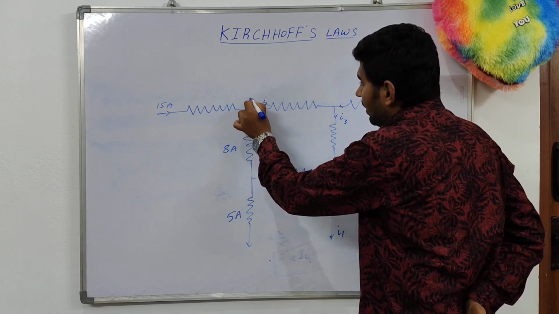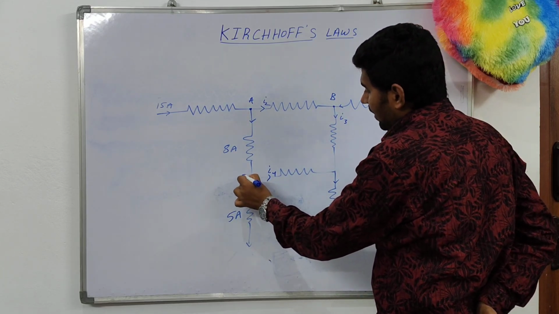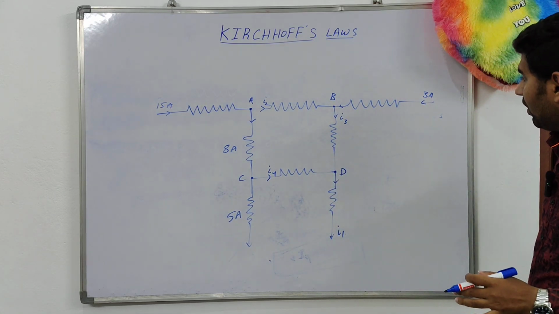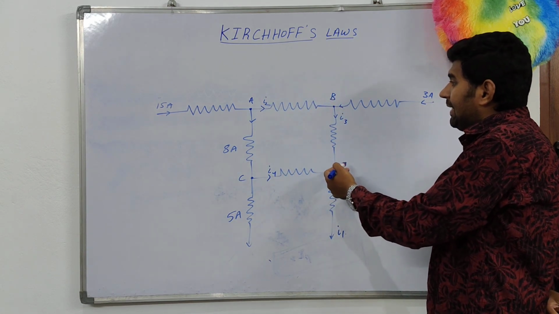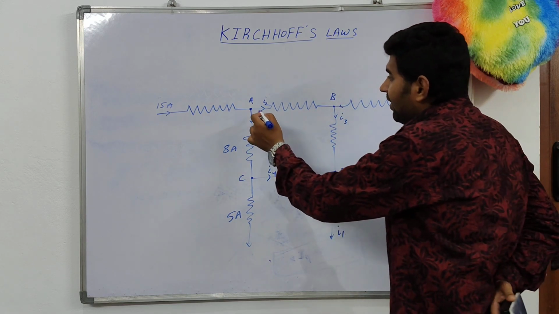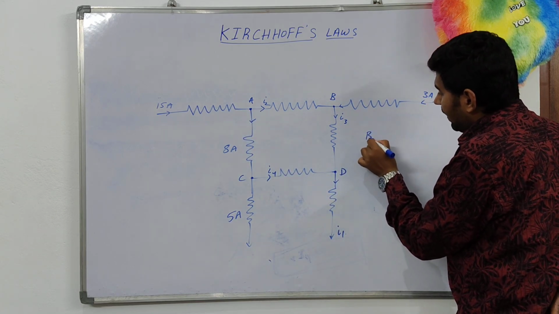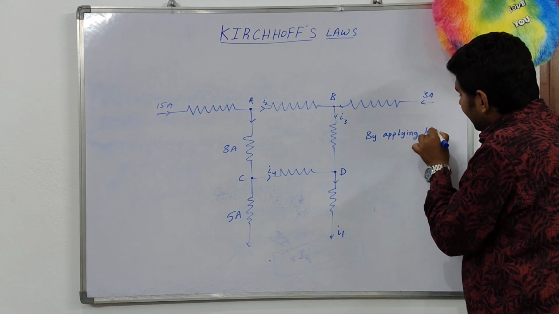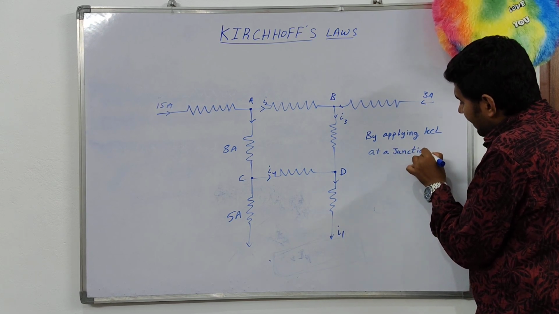This is a junction point, that is A. This is another junction point B. This is also a junction point C, and this one is also a junction point D. Now how to find out the current at points A, B, C, D with the help of KCL? By applying KCL at junction A.